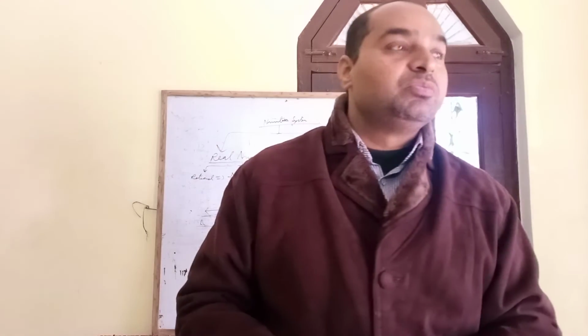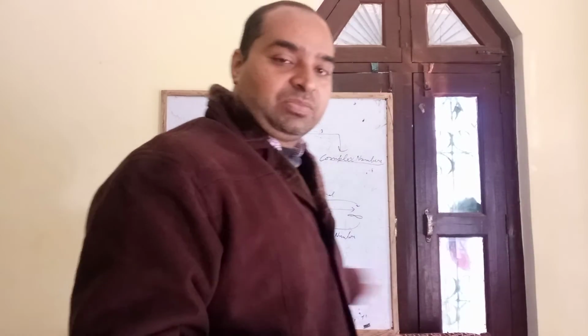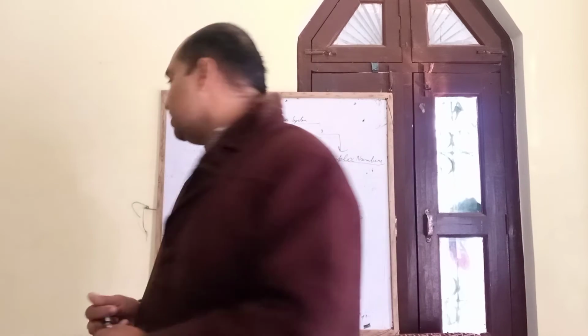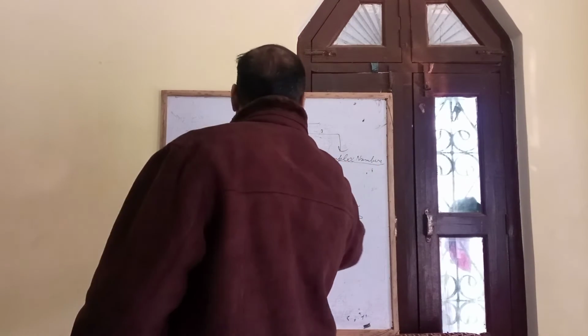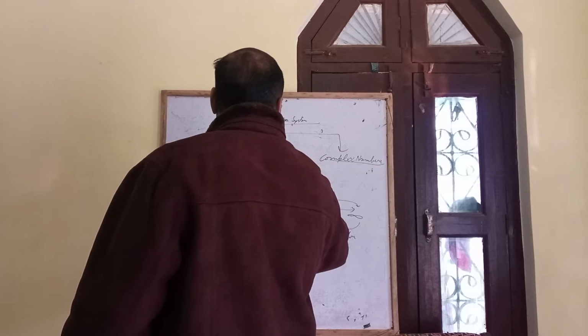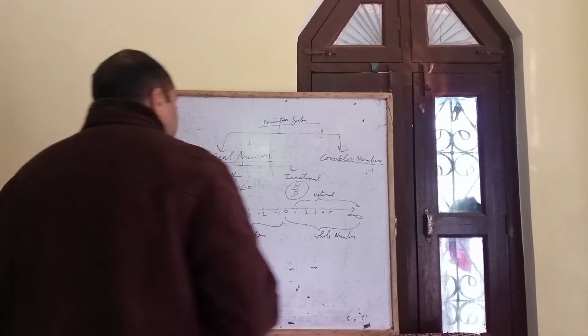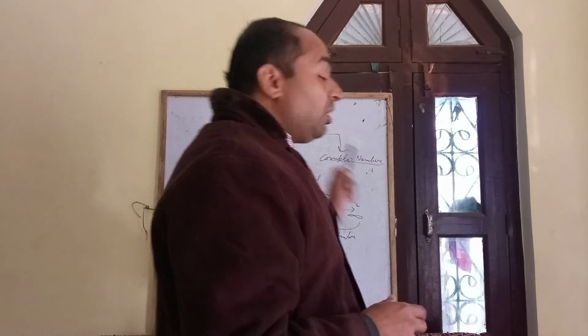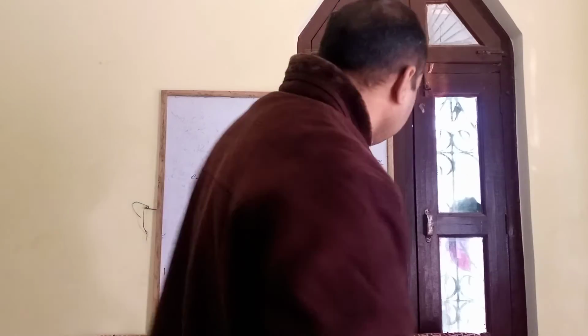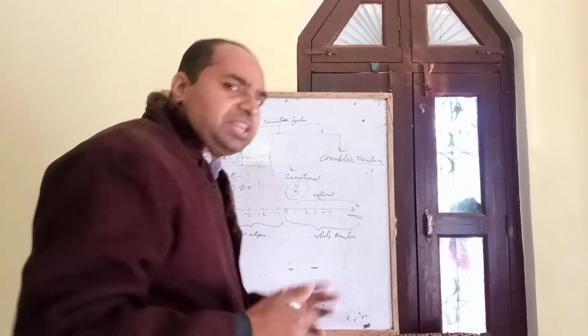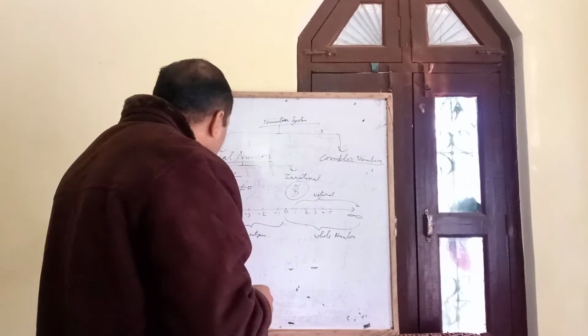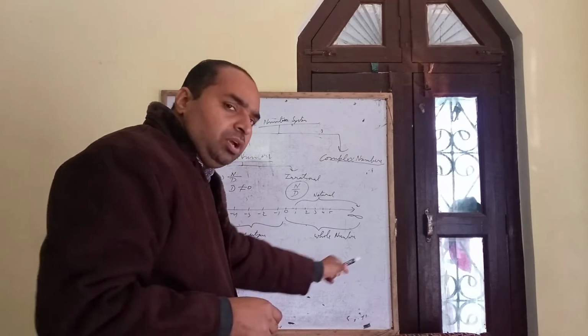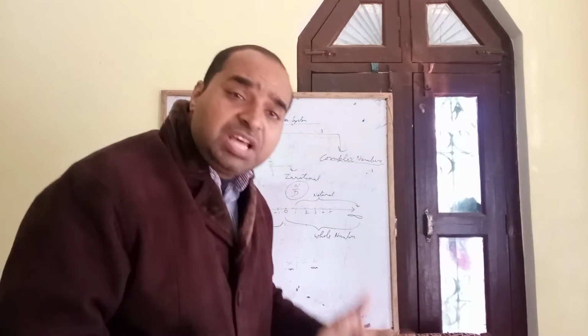So what are irrational numbers? Those numbers which do not fall in this category, that is, the numbers which cannot be represented in the form of numerator upon denominator, fall in the category of irrational numbers. Now the question arises, do natural numbers also fall in the category of rational numbers? Yes, definitely.